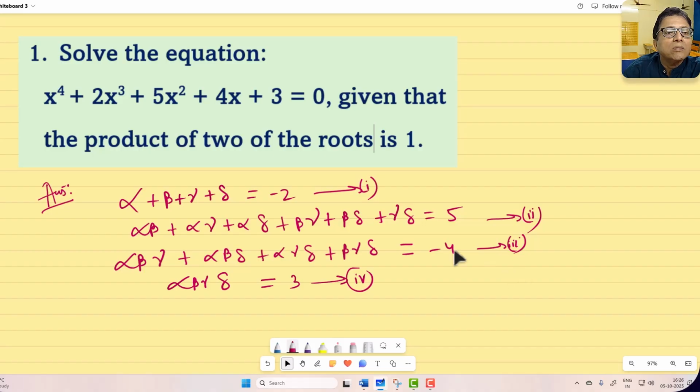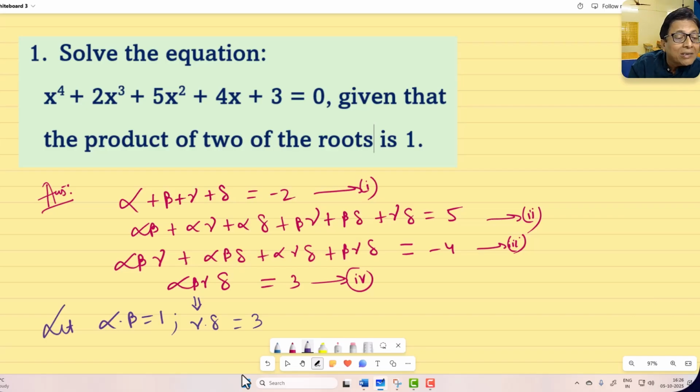Now the condition given is that the product of two of its roots is 1. So let us assume that alpha into beta equal to 1. Immediately we get the product of the other two roots, gamma delta, equal to 3. You can take the product of any two roots.